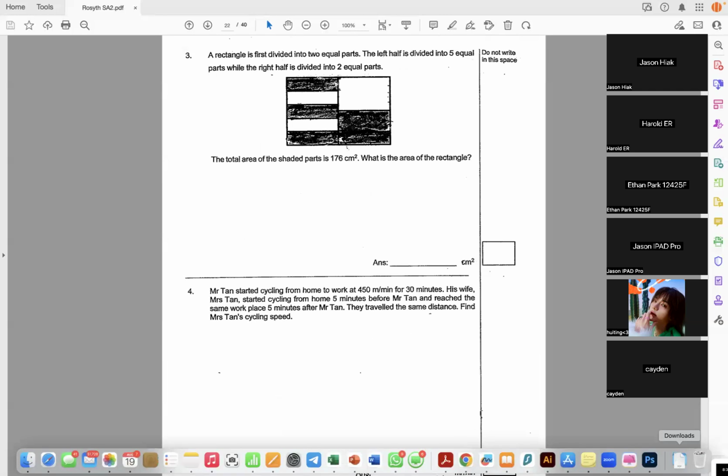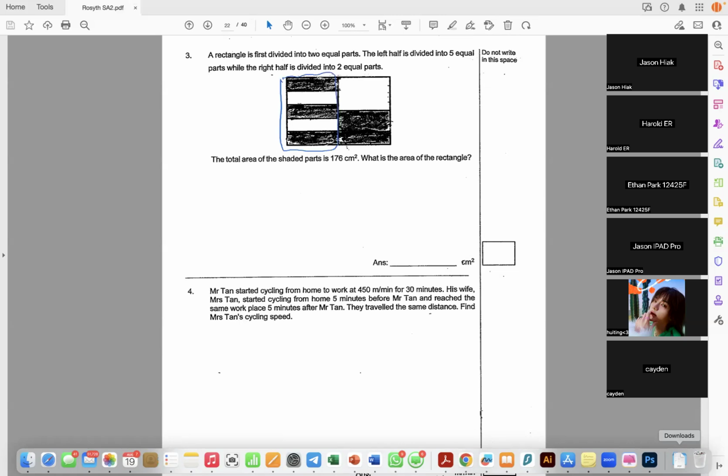A rectangle is first divided into 2 equal parts. Let me use another pen, a color pen. Okay, a rectangle is first divided into 2 equal parts. The left half is divided into 5 equal parts, while the right half is divided into two equal parts. Okay, this is the left half.